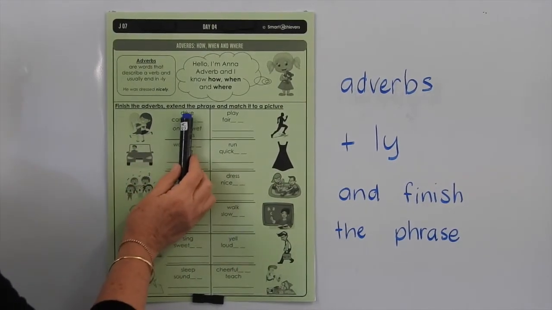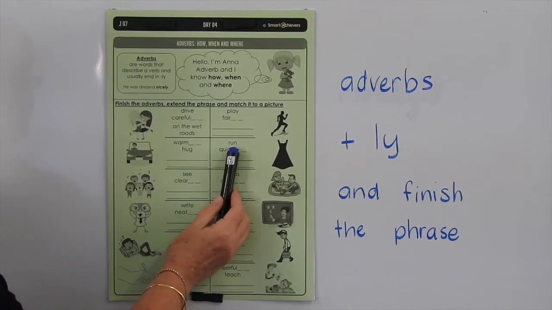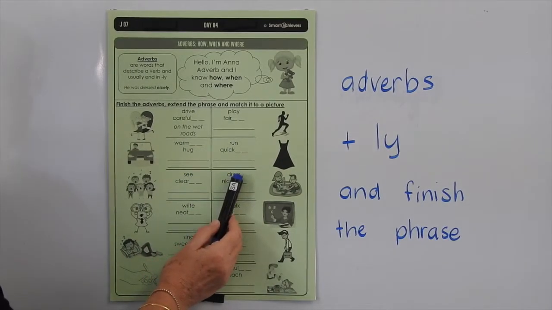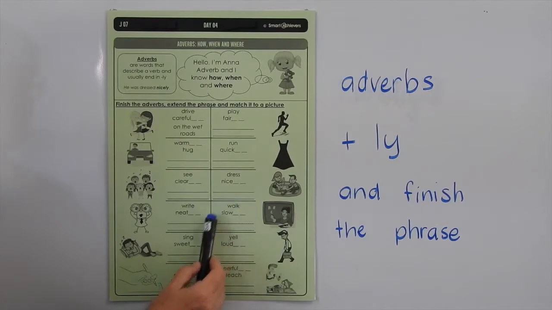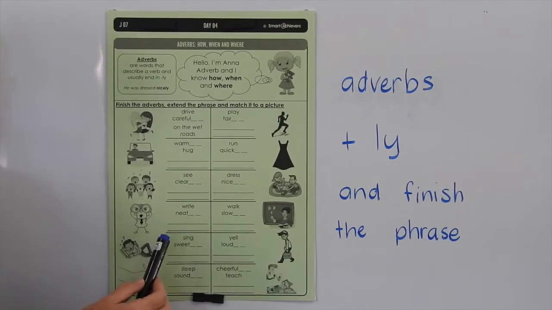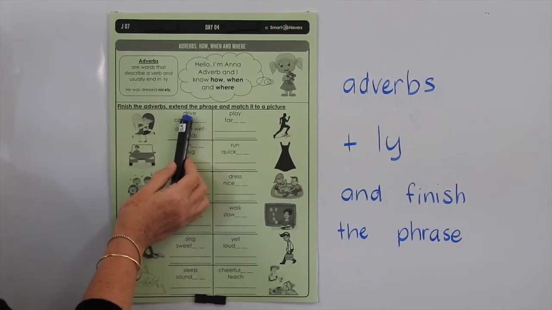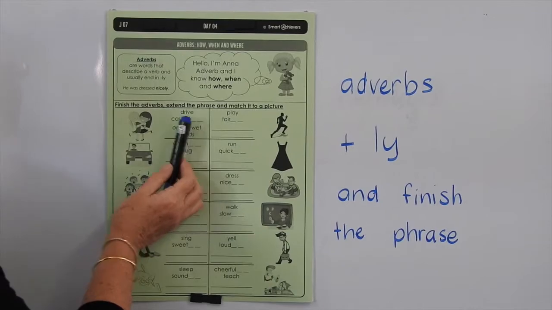So here we're looking at the verbs drive, play, hug, run, see, dress, write, walk, sing, yell, sleep, and teach. So to make those verbs more interesting and to give the reader more detail, the writer can add an adverb to the verb. So we've got drive carefully.